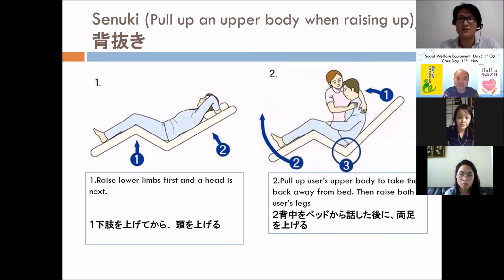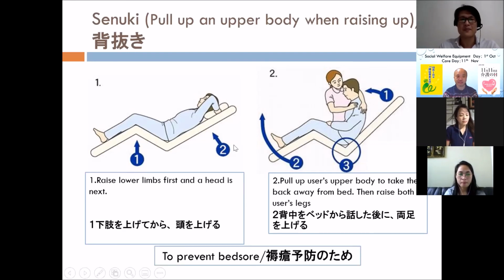How about Shireen-san? Yes, we do that, especially in the ICU, the intensive care unit. The patients are bedridden, so they need that. I see. The patient cannot turn on the side, so you should do senuki. Okay, thank you.